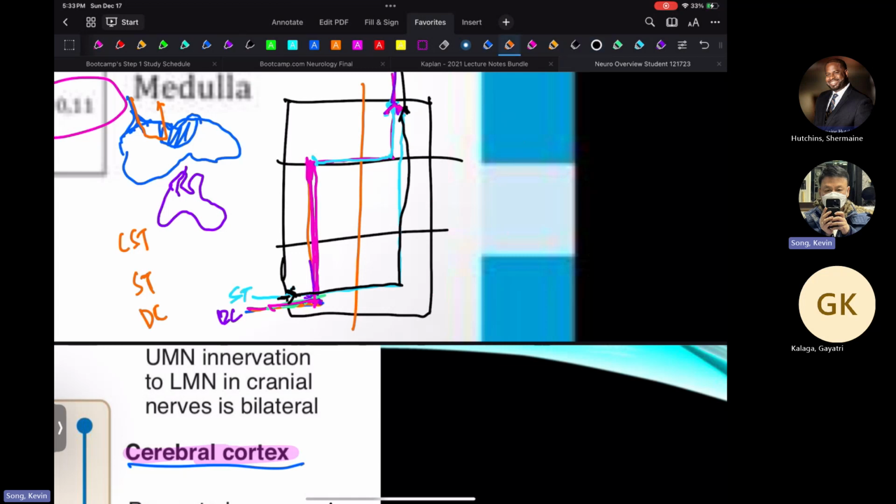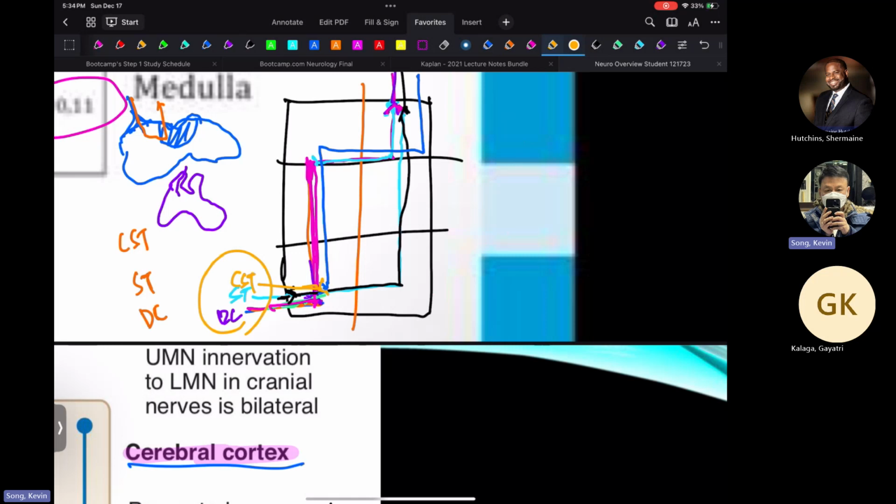And now, how about the corticospinal tract? It's a two neuron system, right? It goes down here with one neuron all the way, and then here it switches to the second neuron. So that's how the three pathways work.